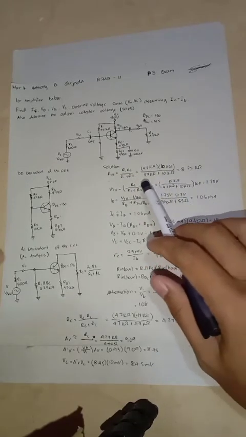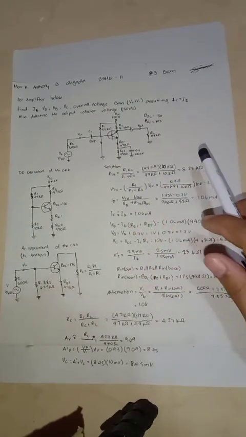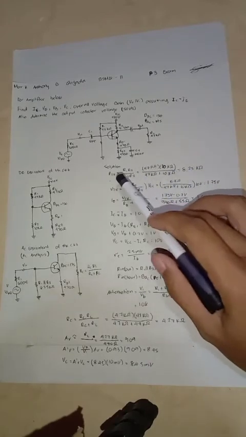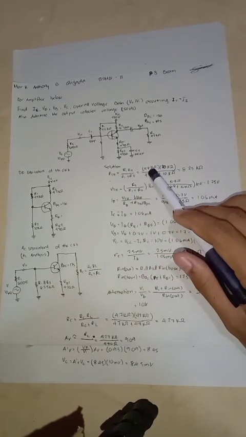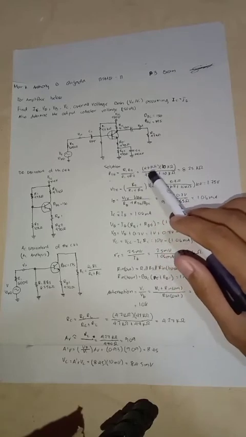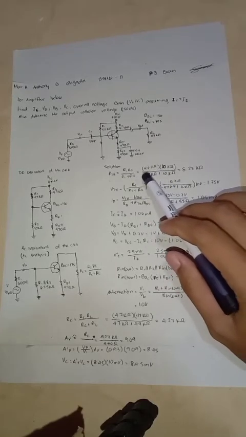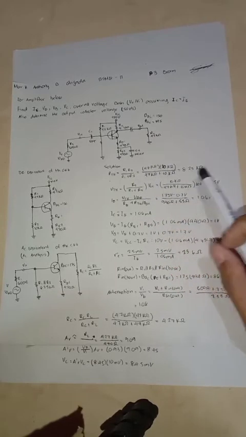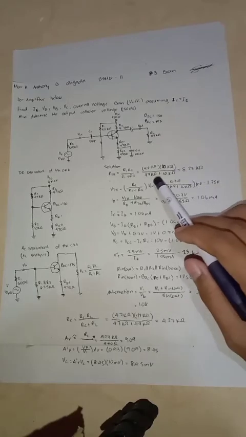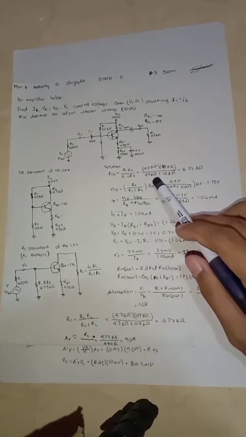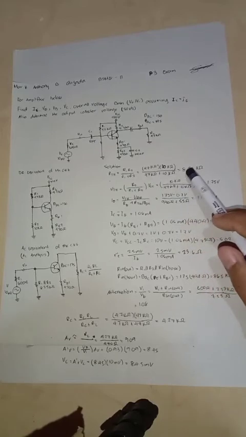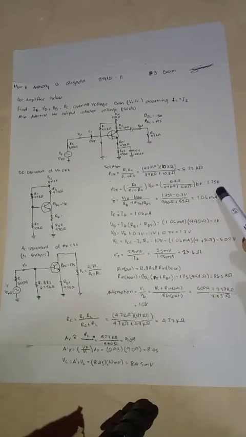The formula of Thevenin's resistance is R1 times R2 over R1 plus R2, so 47 kilo ohms times 10 kilo ohms over 47 kilo ohms plus 10 kilo ohms is equal to 8.25 kilo ohms.